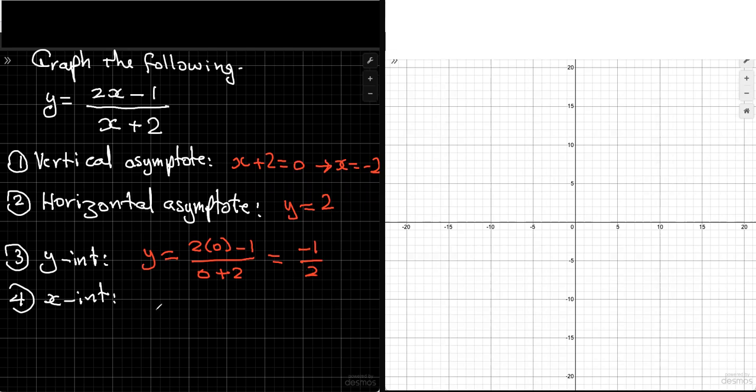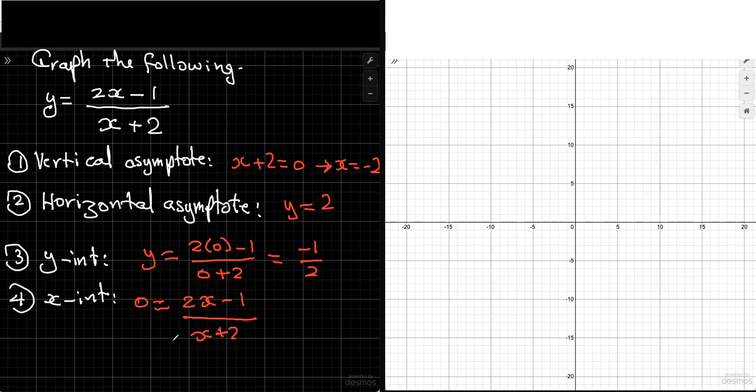How about the x-intercept? So anywhere on the x-axis here, the y coordinate is 0. So if you're finding the x-intercept, all you need to do is just make y 0 and solve for x. So let's go ahead and do that. 0 equals 2x minus 1 over x plus 2.